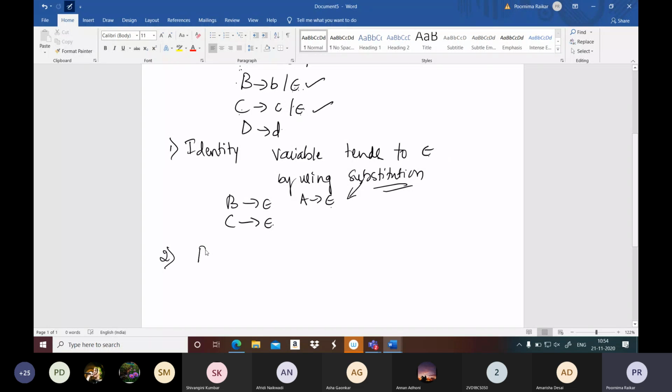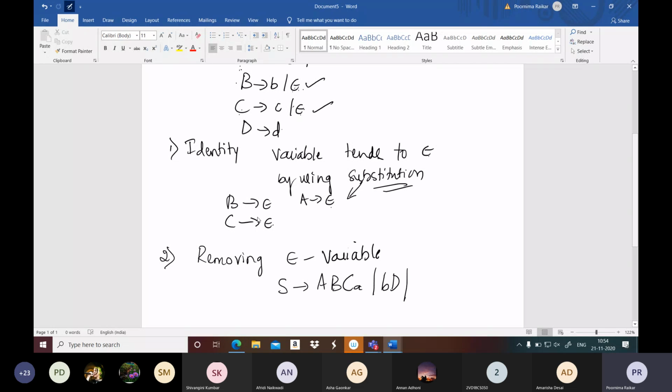Second step, now we have to remove these epsilon variables. How will you remove them? You can remove these epsilon variables by replacing them with the substituted variable. Now see, for S they have given ABC, AB, D. You keep this as it is.